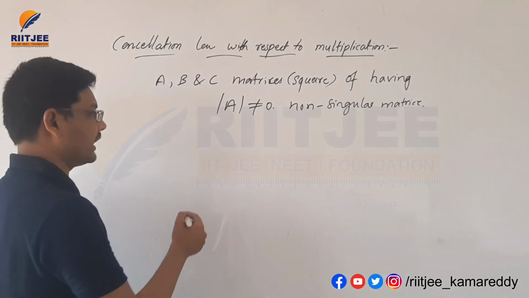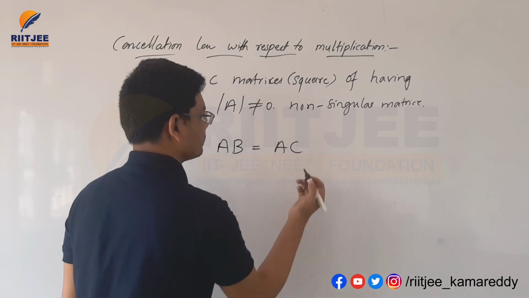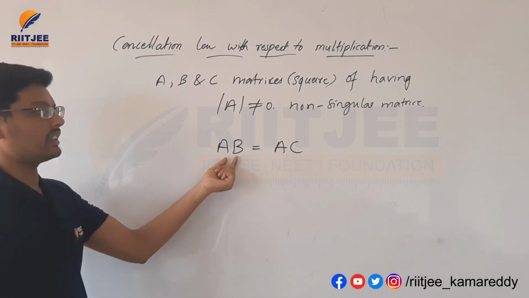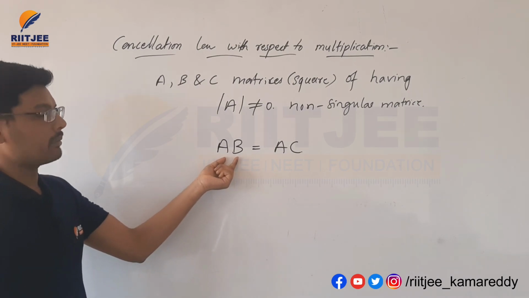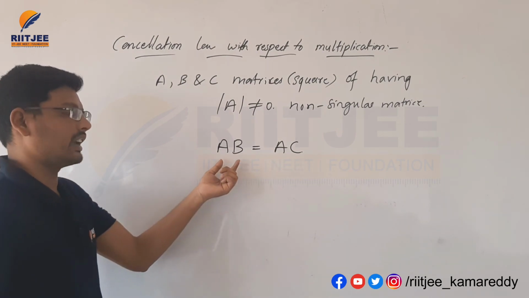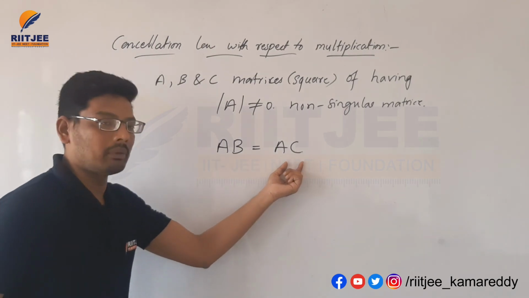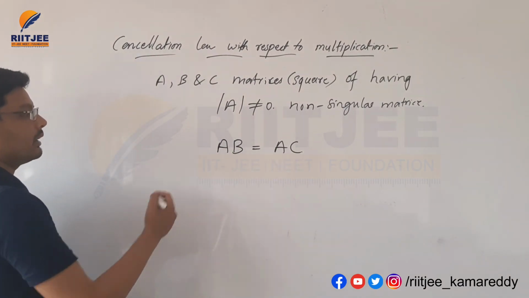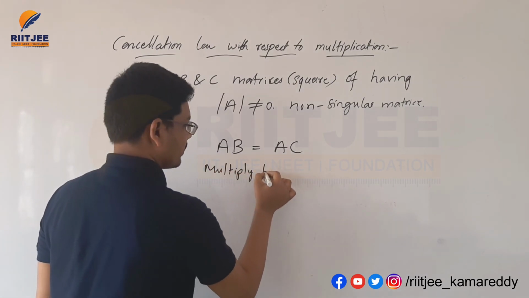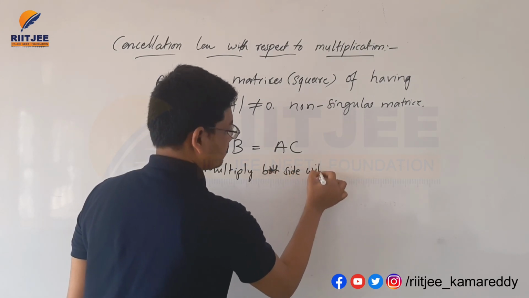For example, I am taking AB is equal to AC. A and B are square matrices of order n, and A and C are also square matrices. Multiplication of A and B is equal to multiplication of A and C. Here I am multiplying both sides with A inverse.